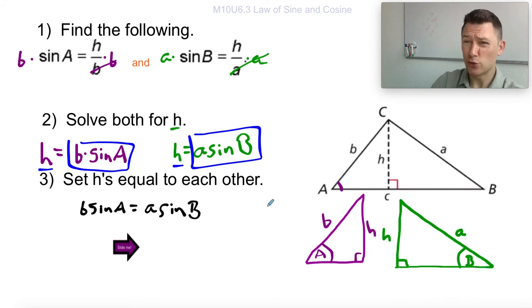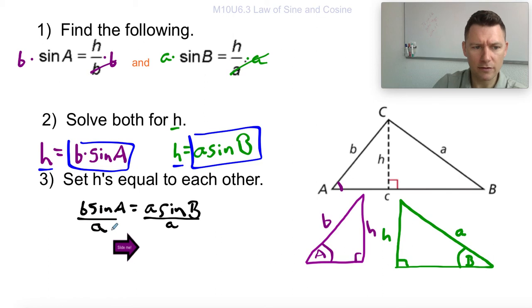To make it more useful, we're going to divide this side by A and divide this side by A, so you have to do the same thing. So these A's cancel out and it shows up here. Let's do the same thing on this side, but for B: divide this side by B and divide this side by B. These B's cancel out.